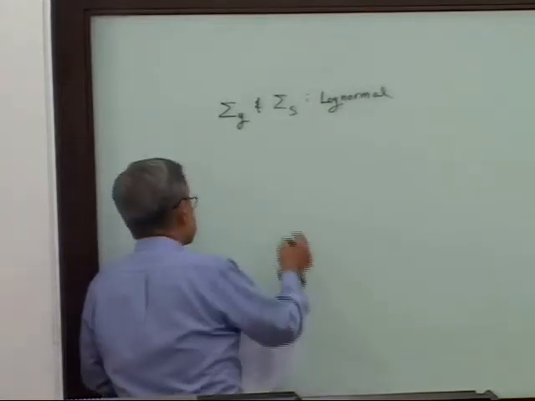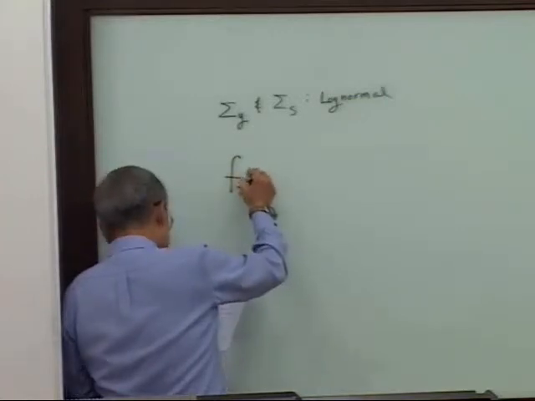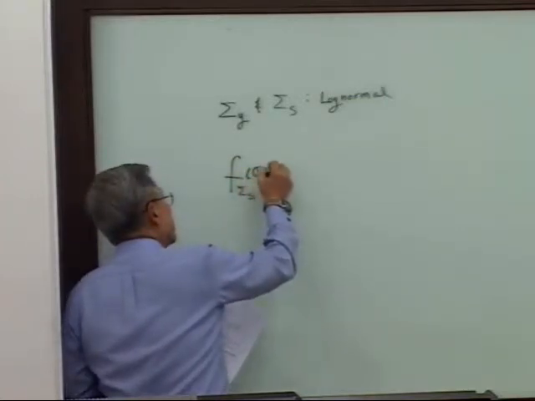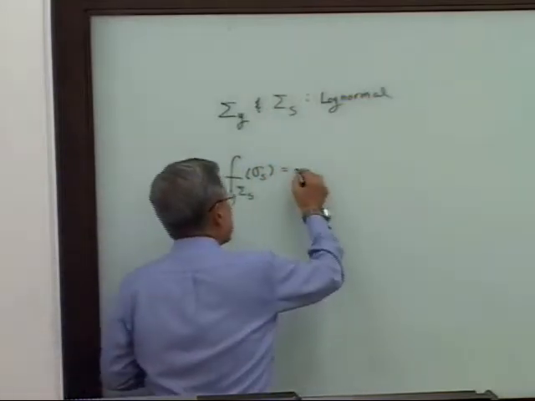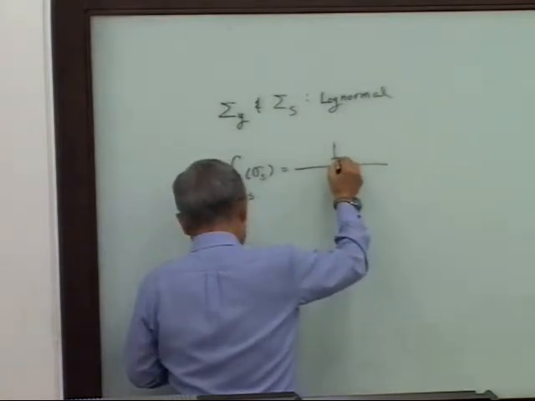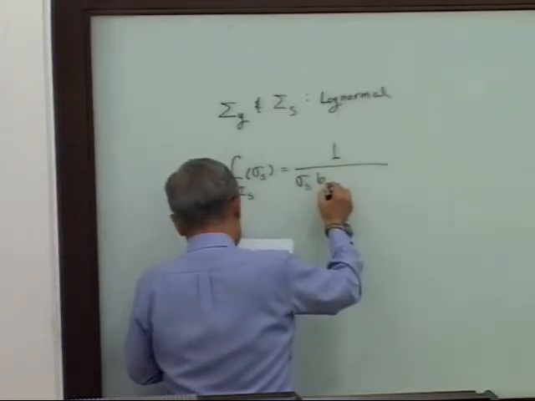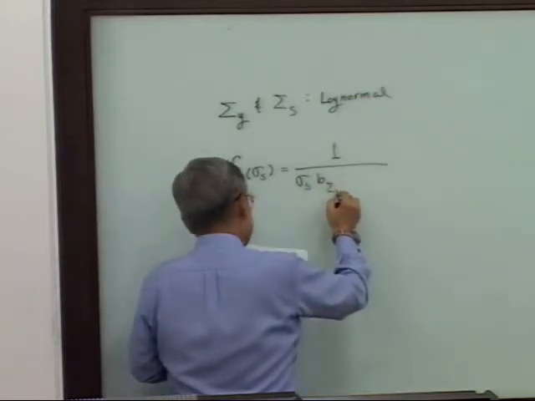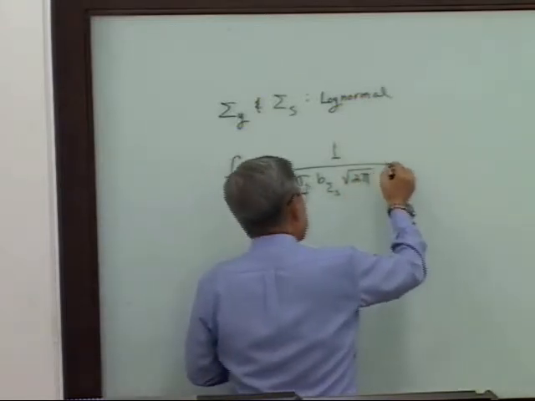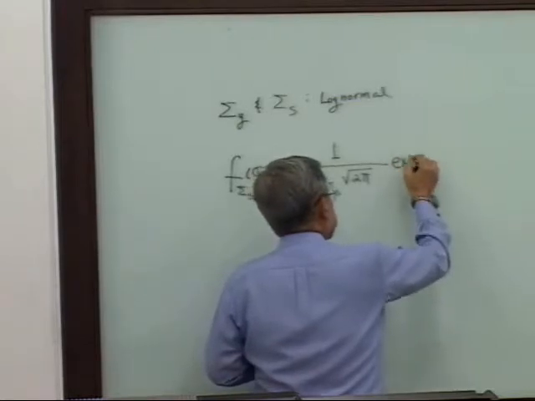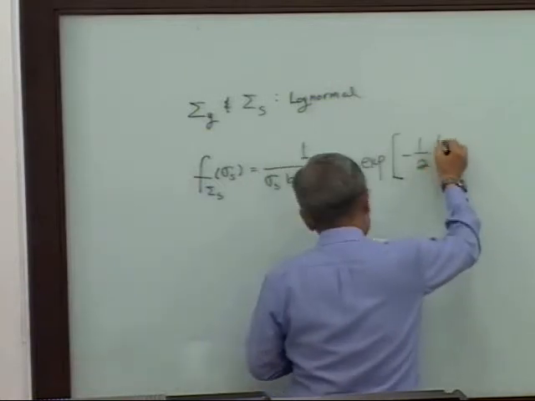For the log normal situation, you can write the probability density function for the log normal distribution easily. It is very close to the expression for normal.